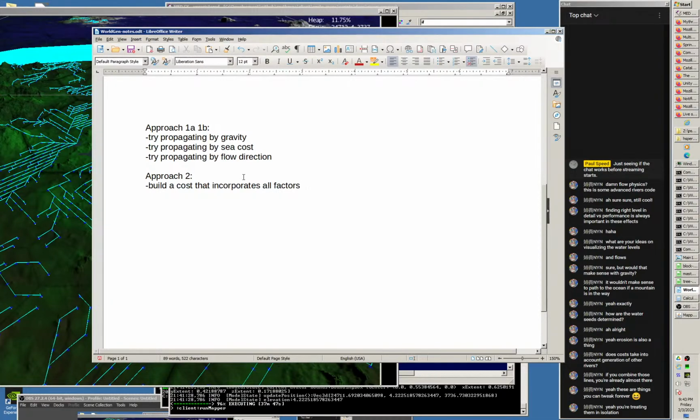But when we look at approach 1B, where we propagate as far as we can by gravity, that is physically correct, right? Then we see if we can cheat a little by sea cost for any rivers that didn't make it, and if that all fails, we cheat a bit more by letting them jump over cliffs and things. This one feels like it would make better rivers.